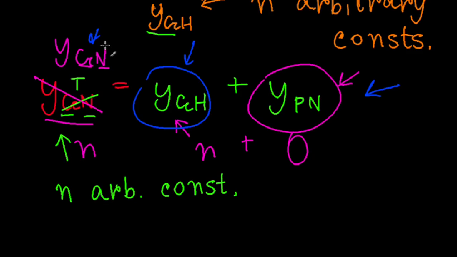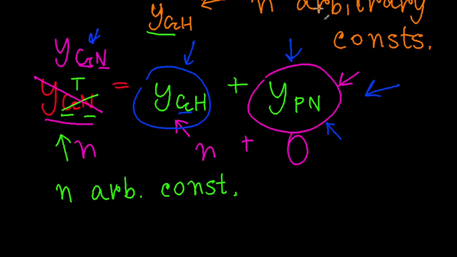And although it's difficult to find the general solution to a non-homogeneous differential equation, we often are able to find a particular solution. We can take a guess function, and there are quite a few methods to do that. A lot of times we can quite easily find a particular solution. And that's really enough. We just need to take that particular solution, add it to the general homogeneous solution, and we'll get the general solution to a non-homogeneous differential equation.